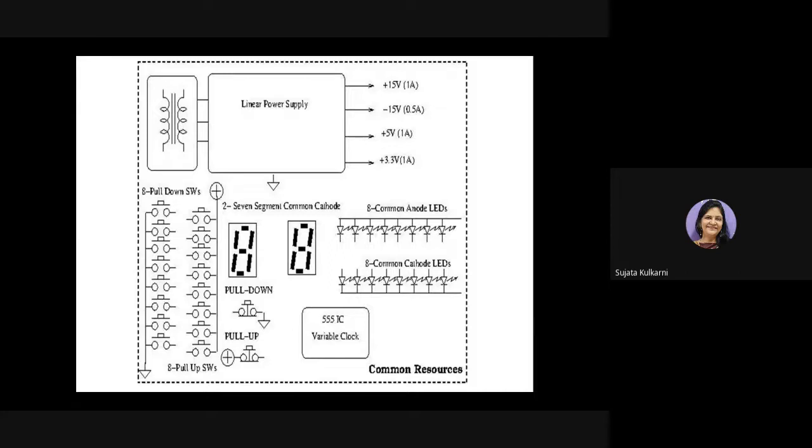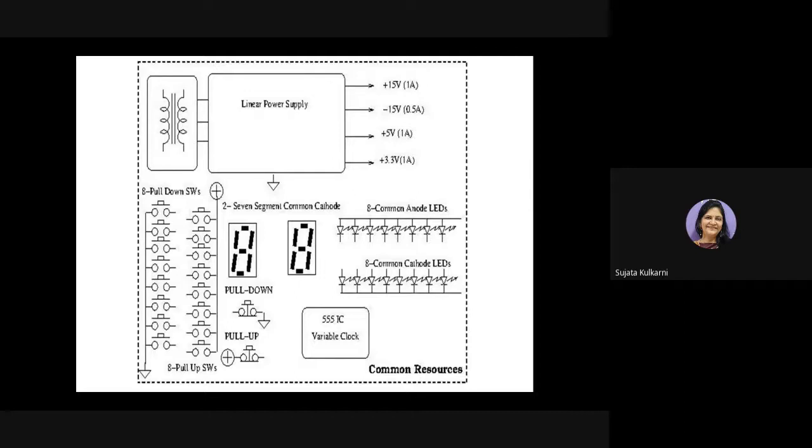Since almost any experiment demands a few LEDs, 7-segment displays, and a few switches and buttons for pull up and pull down, along with a variable clock source, right? Though you have a function generator, we still preferred a standalone variable clock source using a 555 IC.